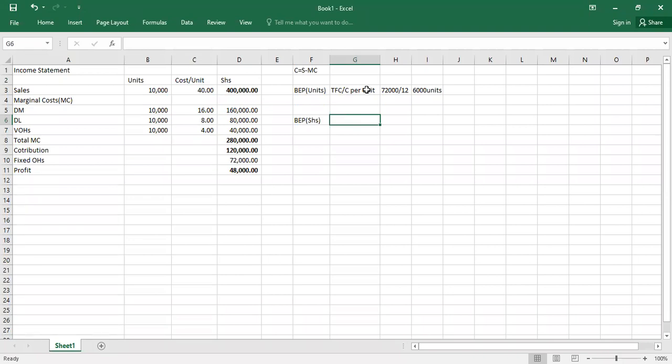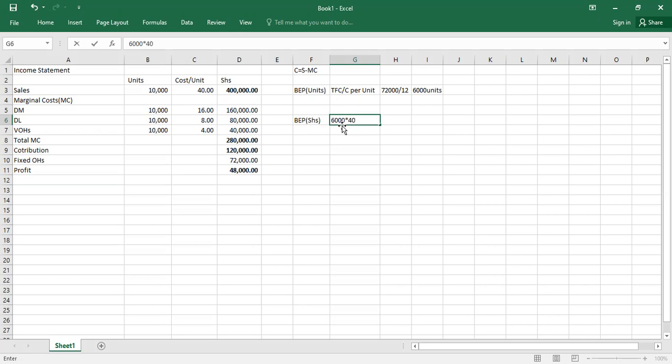So can we get the BEP in shillings? We are just multiplying our units by the unit cost. So it will be 6,000 multiplied by, what is the cost per unit? 40.